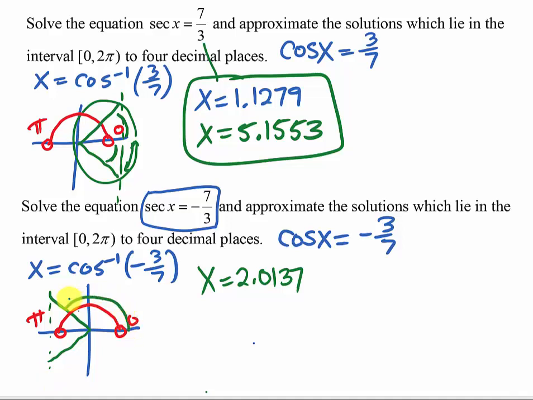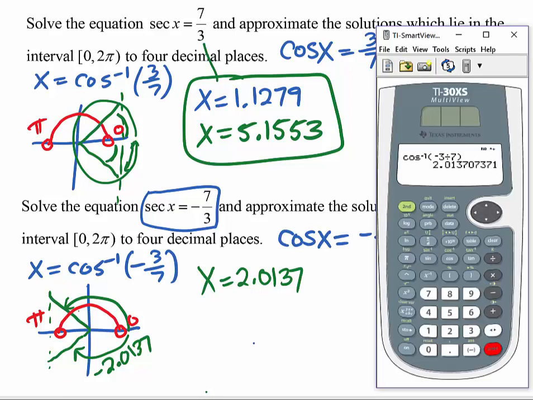So how could I get at that angle? Well, this upper angle over to here was 2.0137. Well, if I'd go around the other direction, negative 2.0137, I would have the angle I need, except for the fact that that angle is not between 0 and 2 pi. But if I added a loop around, a plus 2 pi, then I would have that angle in quadrant 3.